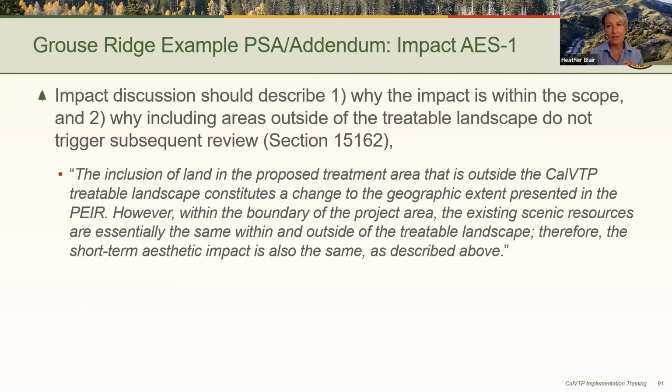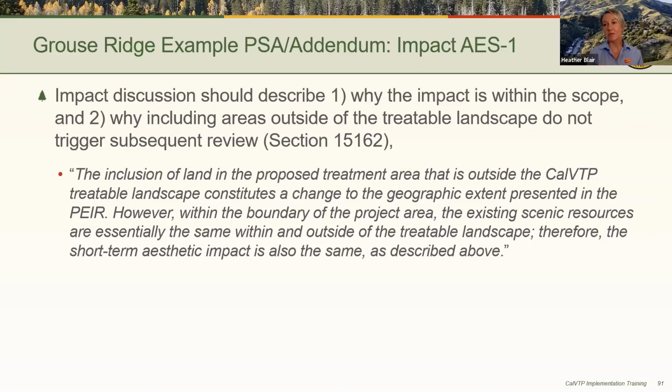Here is example text from the Grouse Ridge PSA/addendum used to document why the areas outside of the treatable landscape would not trigger subsequent review. This impact is specific to aesthetics here. And the rationale is that the scenic resources are the same in the areas within and outside of the treatable landscape.